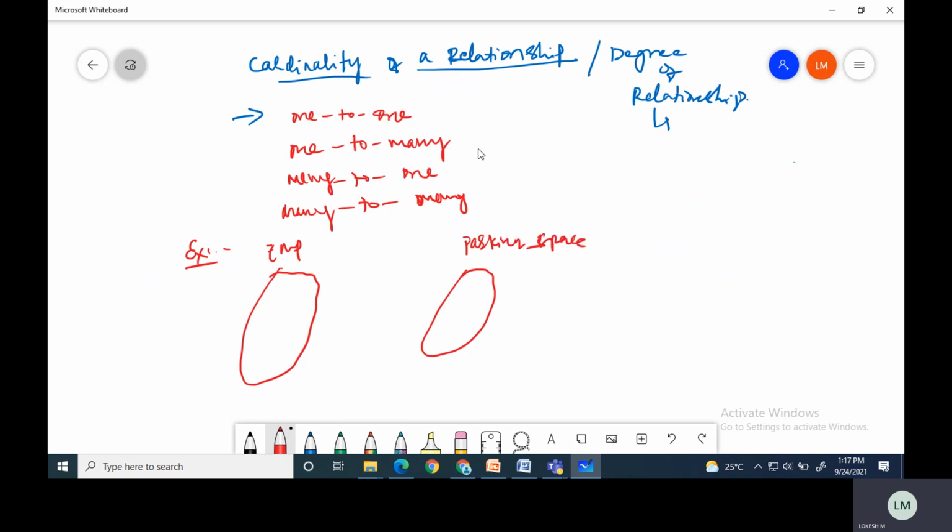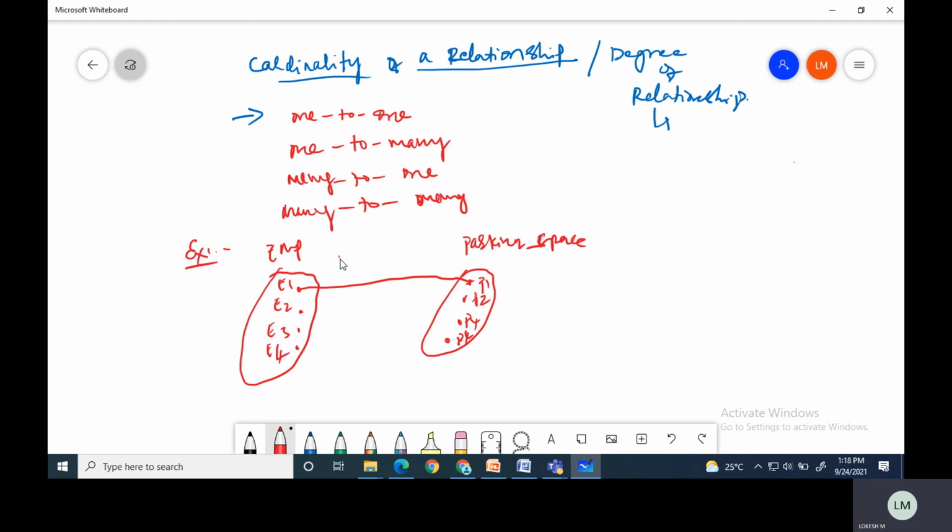Now employees E1, E2, E3, E4, there are four employees, and we have allocated parking P1, P2, P3, P4. Four employees, four parking places. If one employee is assigned only one parking space and one parking space is assigned to only one employee, it is 1 to 1 ratio.